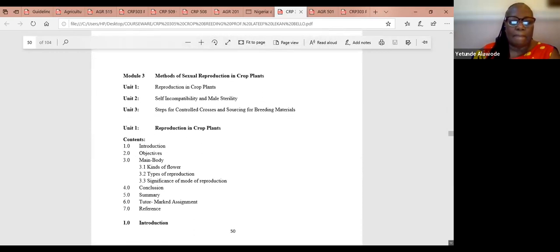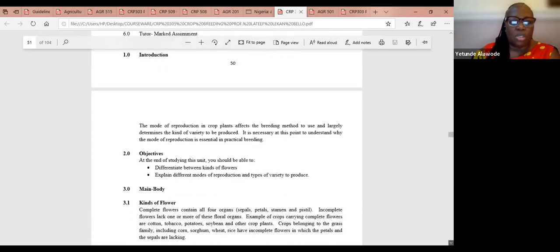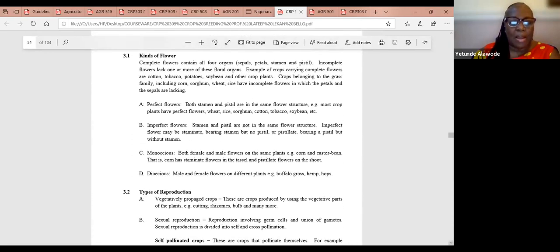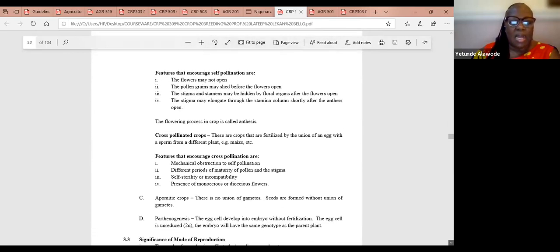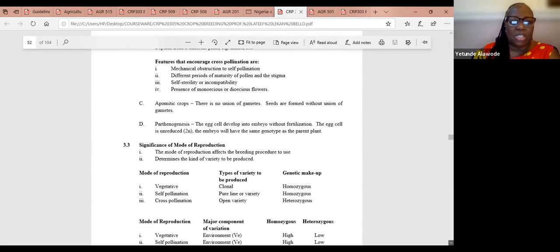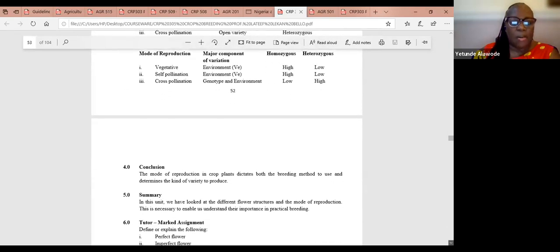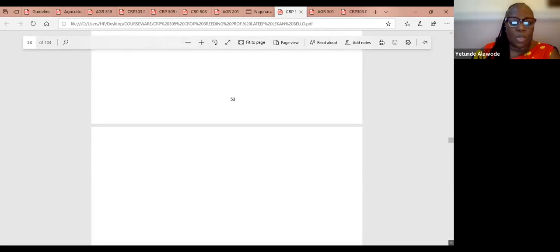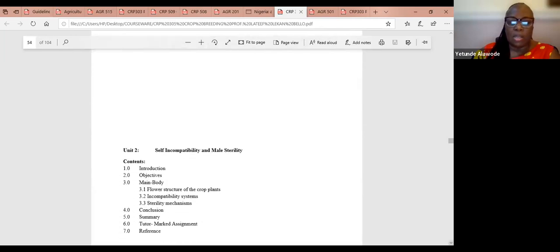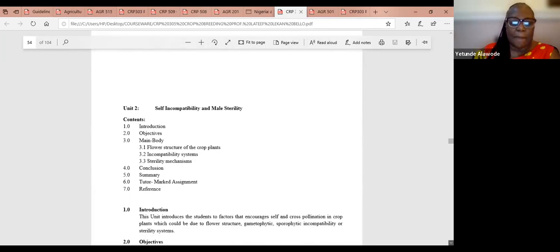And of course, we did kinds of flower: perfect flowering, perfect, monoecious, dioecious, and we talked about features of self-pollination. We also went on to talk about self-incompatibility and male sterility.